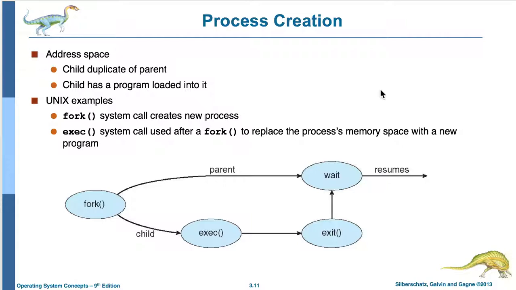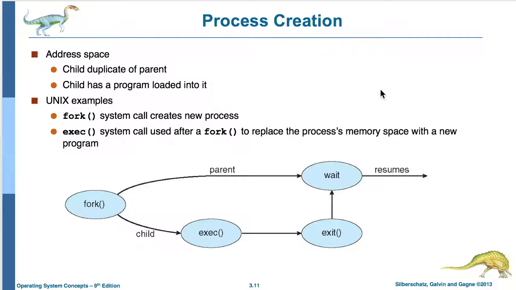We also talked a fair bit about process creation, and then specifically therein we discussed how in Unix, for instance, the whole process of process creation, the workflow therein, involves two steps. It's two system calls. The first system call is a fork system call, which effectively takes a given process and duplicates it, and the second step in the process creation workflow is the exec system call, which typically follows the fork system call in most cases.